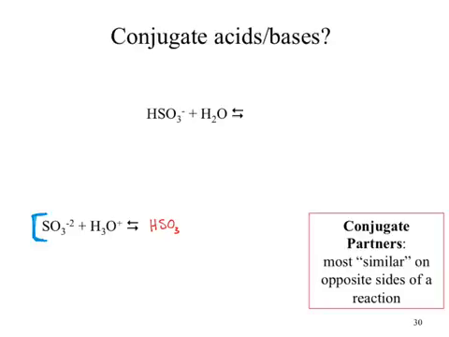If that started as a -2 and I accept one positive charge, the charge needs to become -1. And I think what you were hinting at was the next part, which is H2O. What's the other product? H2O.